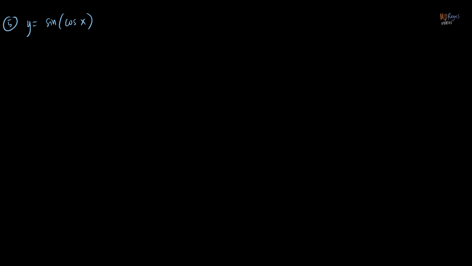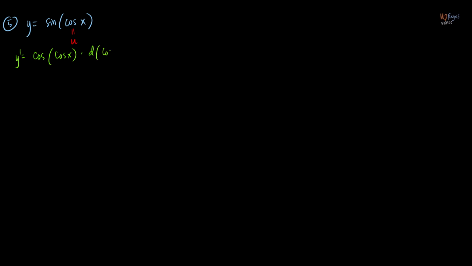Number 5 is a sine function where u is another trigonometric expression, cosine x. This is u. So if you write the function in the form sine u, its derivative will be in the form cosine u du. So y prime is equal to the derivative of sine u, which is cosine of u, where u is cosine of x, times du.